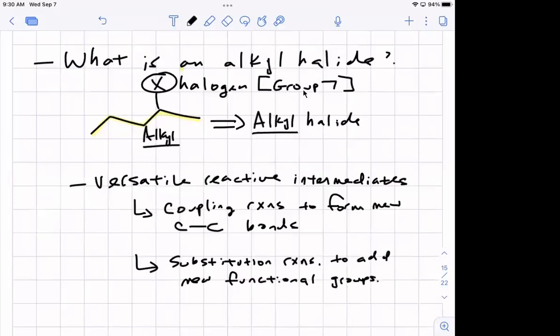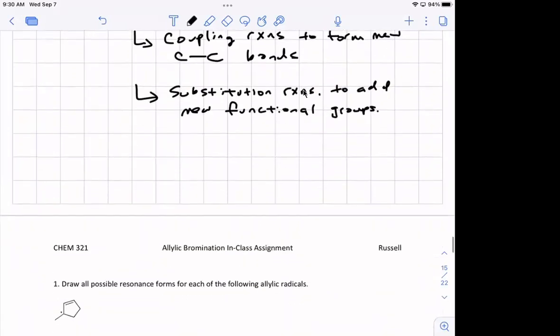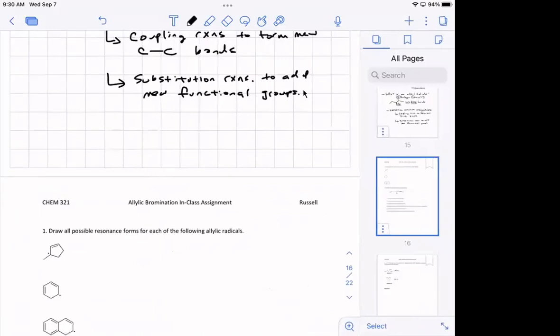And one of the methods to make alkyl halides is to take an alcohol. Let me add another page.